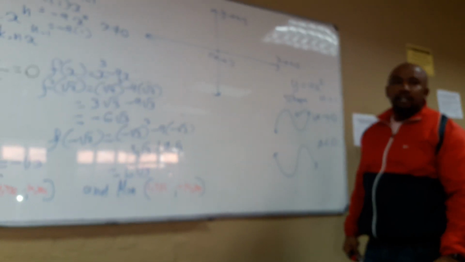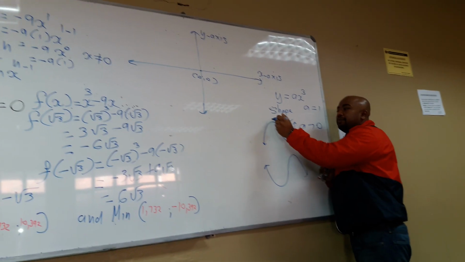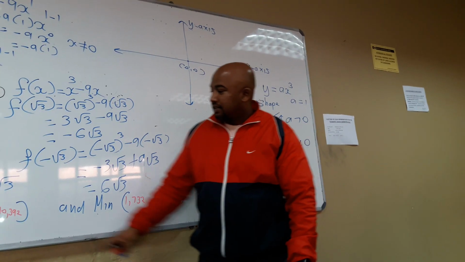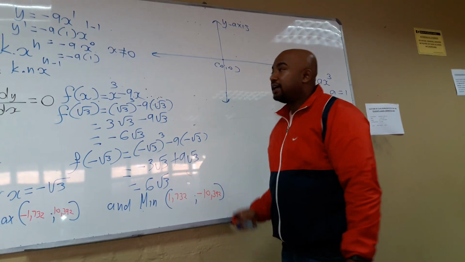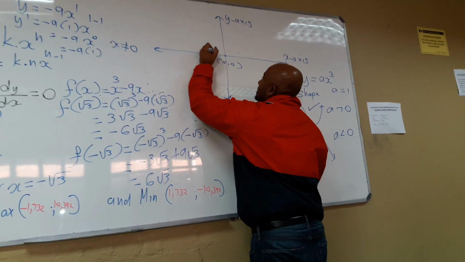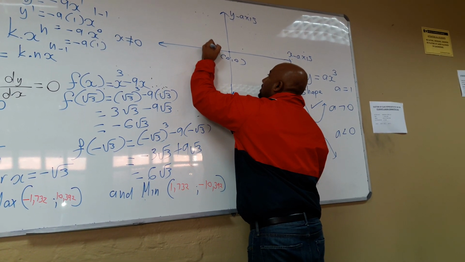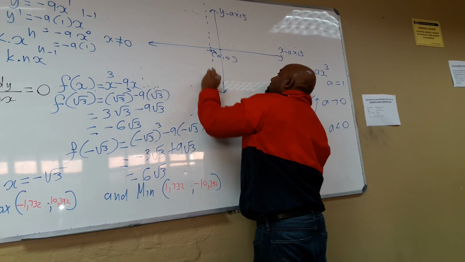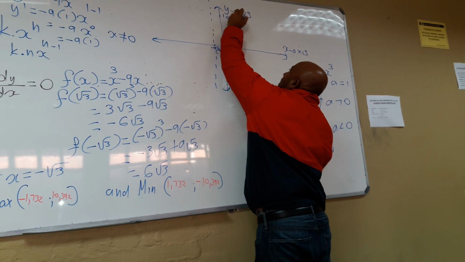Okay, so let's label the turning points. First, I'm starting with the maximum. What is the maximum turning point? Minus 1.732 and 10.392. So let's put it here, maybe here. Minus 1.732. There's your minus 1.732. Let's put your 10.392 here.